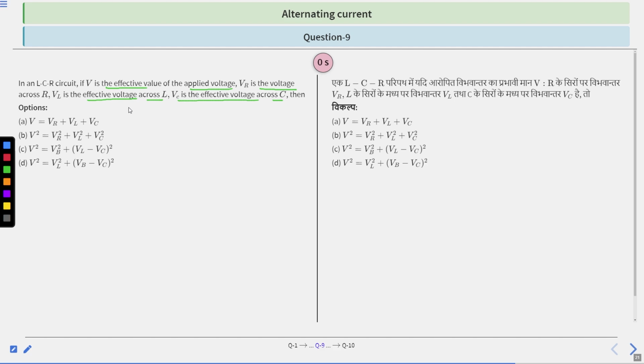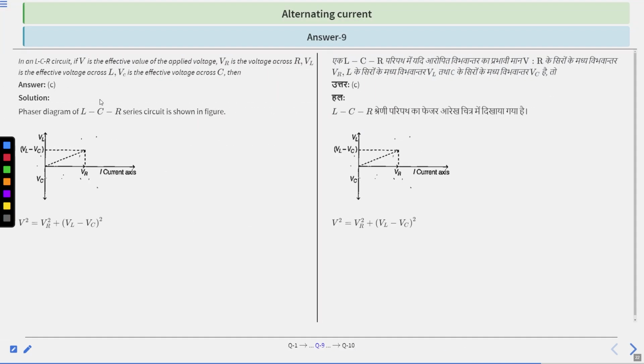Let's find a solution. In the LCR circuit, V is the effective value of the applied voltage, VR is the voltage across R, VL is the effective voltage across L, and VC is the effective voltage across C. Clear? So this is the phasor diagram of the LCR series circuit shown in the figure.